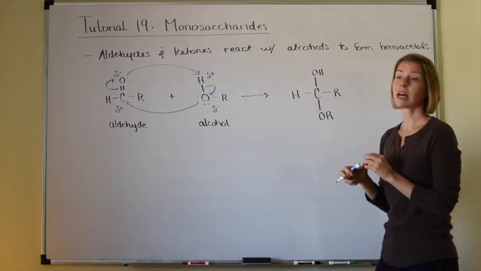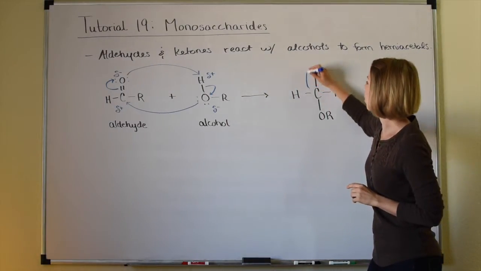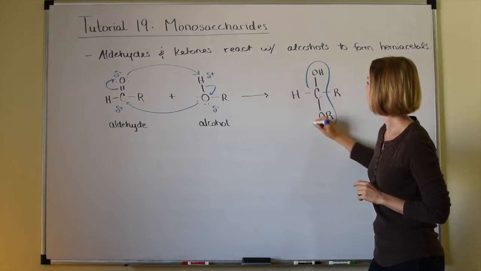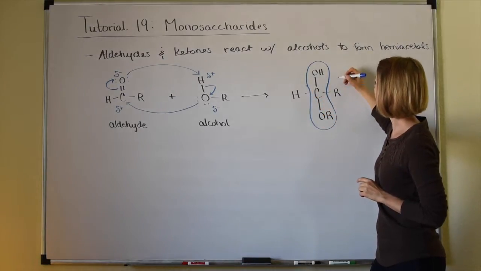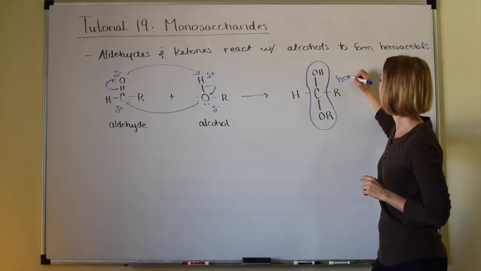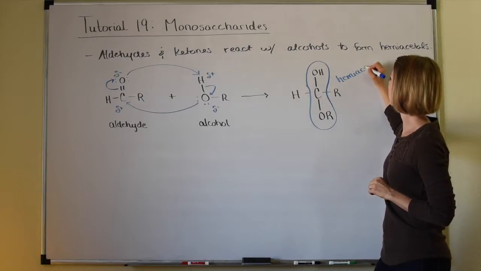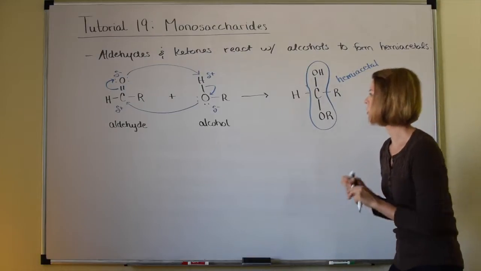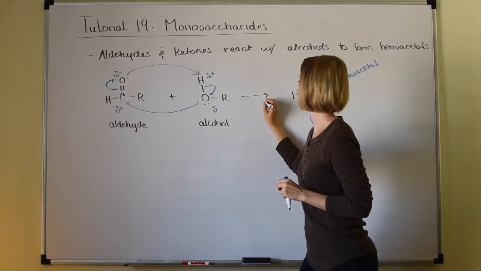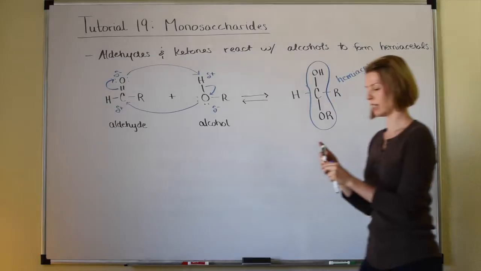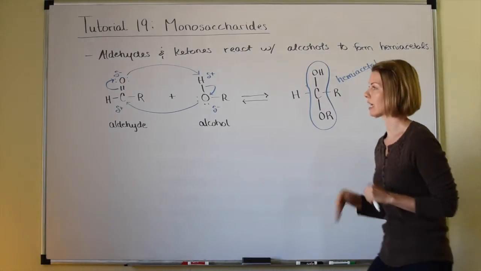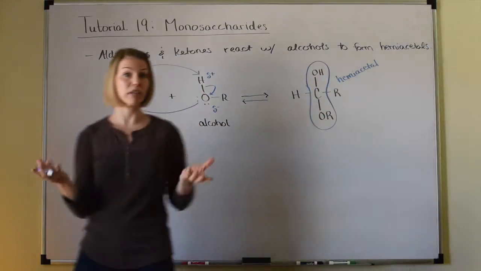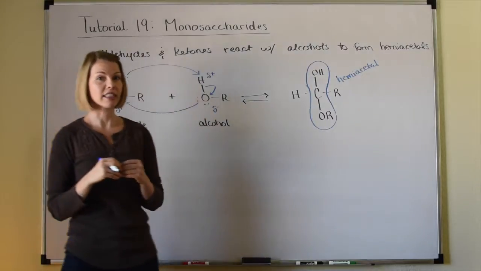And a carbon that is bound to both an OH and an OR makes up a hemiacetal. Okay. And this reaction is reversible, so I'm going to go ahead and put an arrow back, and we'll see that when we get to the mutarotation in monosaccharides.